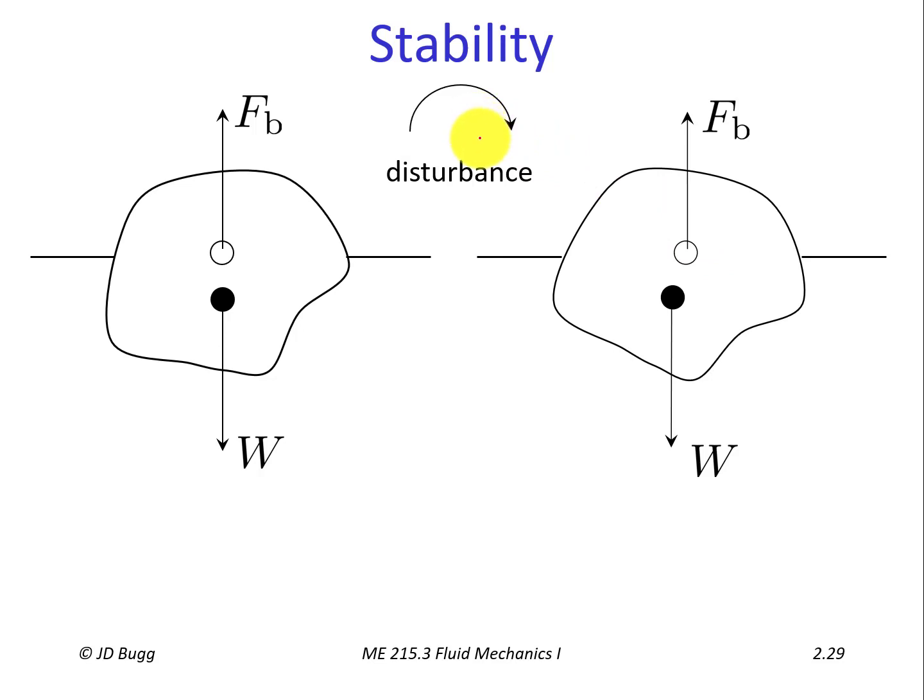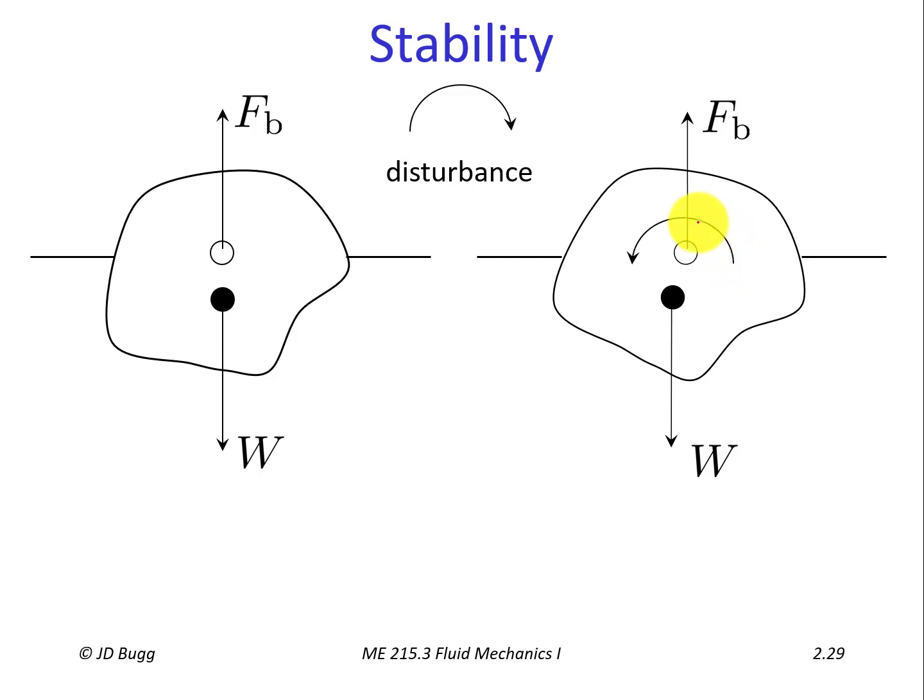But the important thing here is that these two forces, because of this rotation, of this disturbance, are no longer collinear. Instead, they produce a moment. So if we take a look at this moment, this is actually a couple because the weight and the buoyancy force are equal. So these two forces produce a couple that is in this direction.